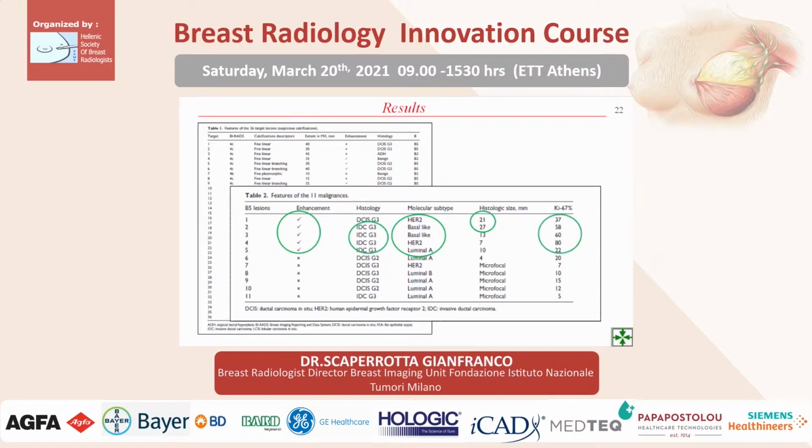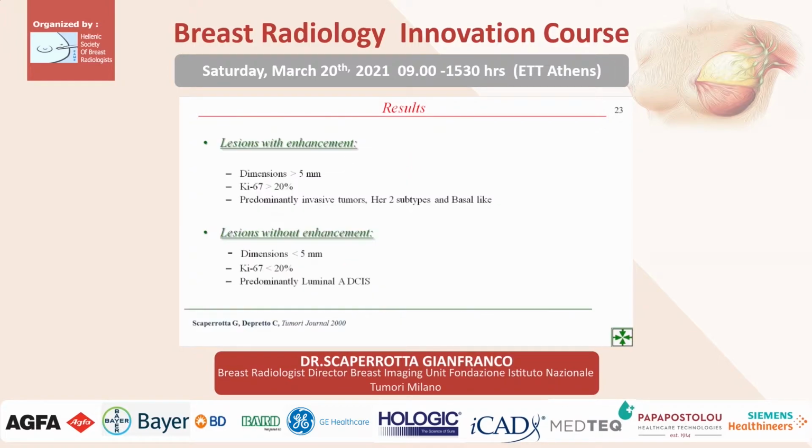Instead, lesion without enhancement has dimension less than 5 millimeter, Ki-67 under 20%, and we have in particular luminal A and luminal B. Is a microfocal extension disease.